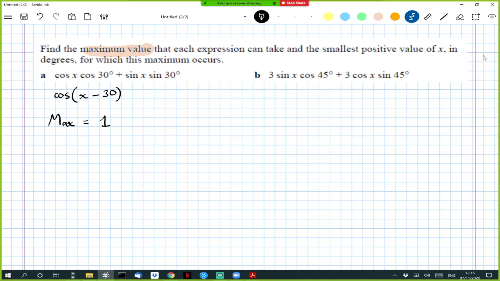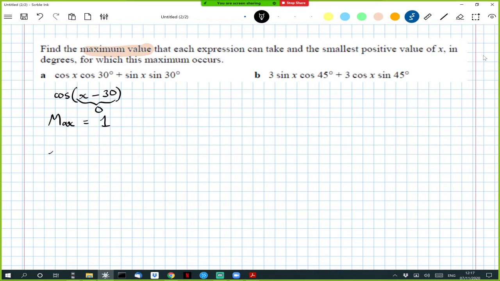So cos of x minus 30, the maximum of that is 1, the maximum of cos function is 1, and the maximum of cos occurs when this angle is 0. Let's just show what I mean by that. The maximum of cos happens there, happens at 360 or 2 pi. In fact, it happens in cycles of 360.